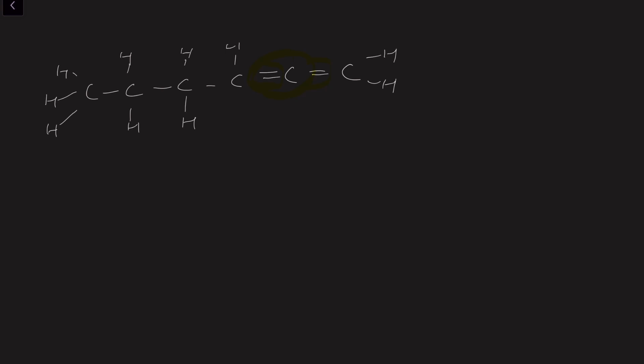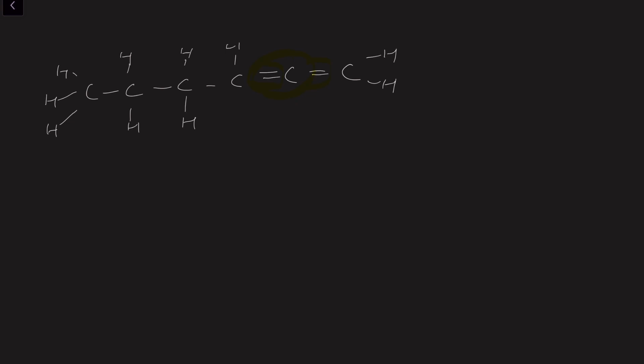So now let's try to name this compound. The first thing you need to remember is always to count the number of carbon atoms in your chain. So we have 1, 2, 3, 4, 5, 6. 6 carbon atoms.